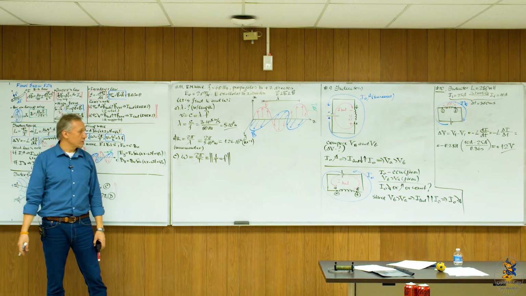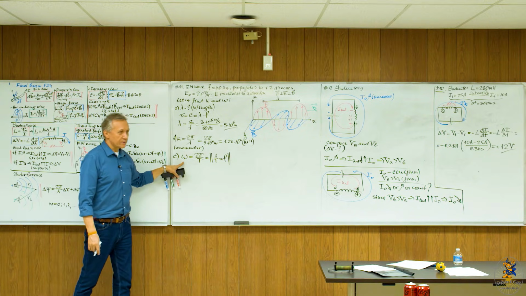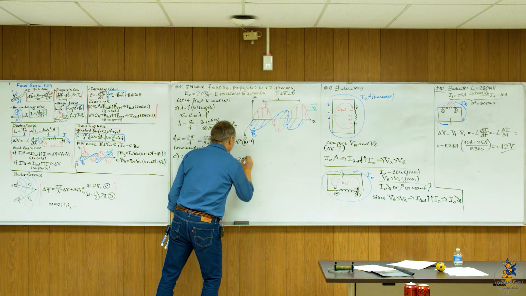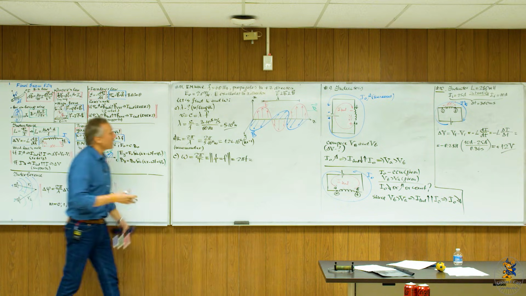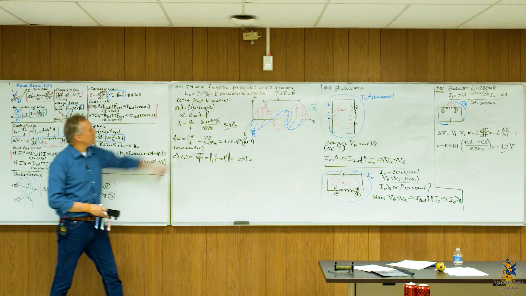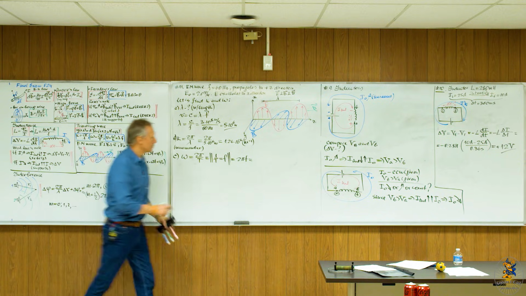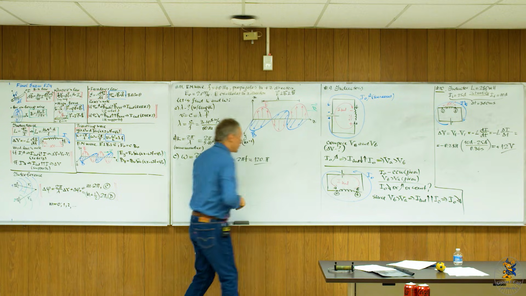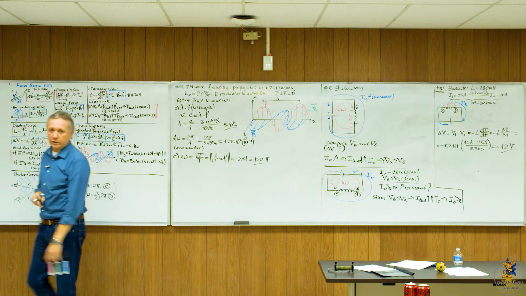This is angular frequency, and that is just regular frequency. So it will be 2 pi f. f is given, it's 60 hertz. So it will be 120 pi. Again, don't be afraid to leave your answer in terms of pi. It's absolutely legitimate.